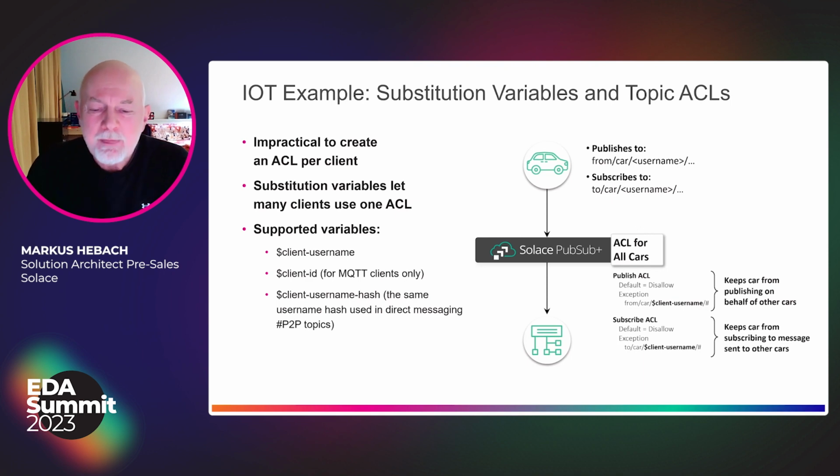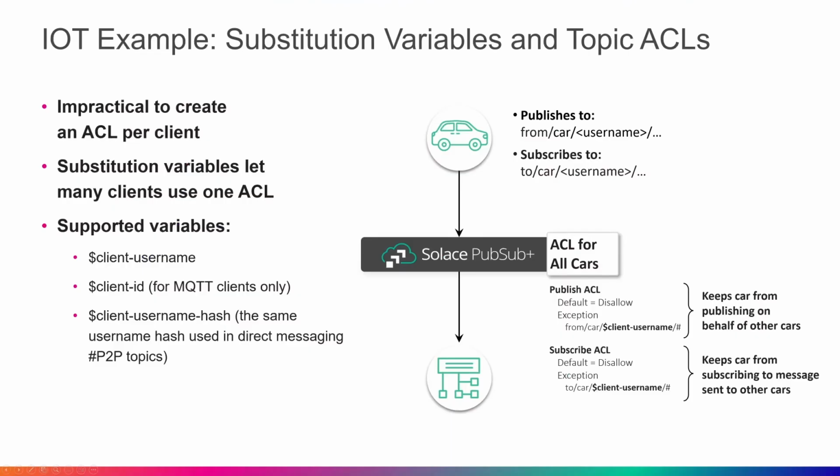So this is a simple way to achieve a very complex scenario by using substitution variables on topic ACLs, which is part of the authorization for distributed systems and event meshes, right?